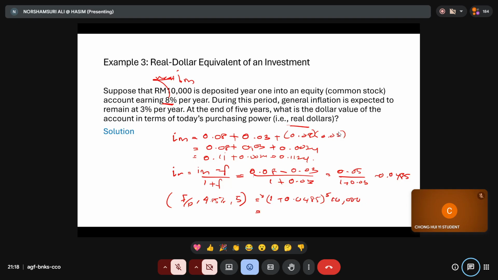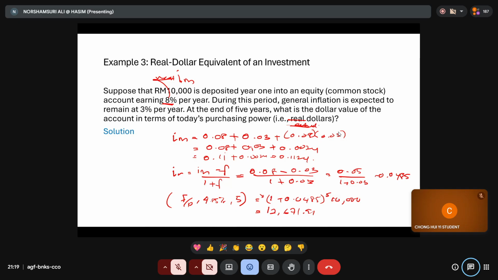So this is the real dollar. So it's 1.0485 to the power 5 times 10,000. So you got about 12,671.92.